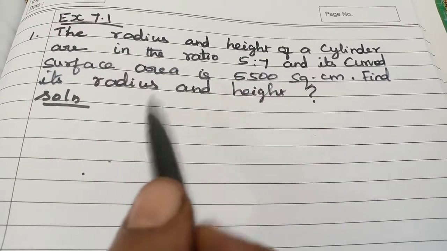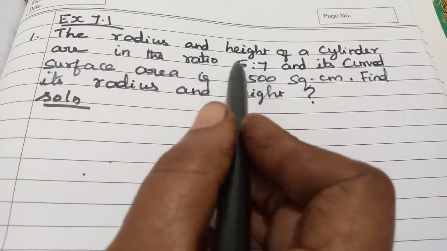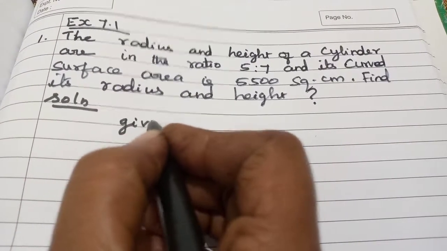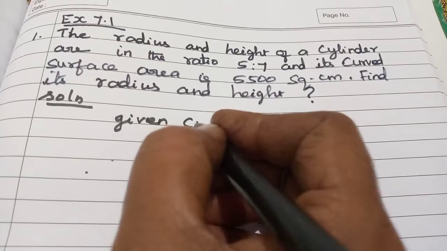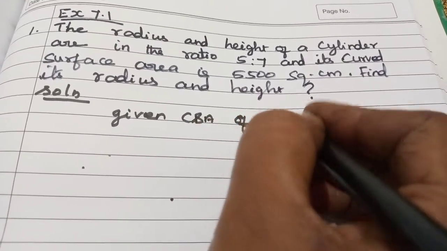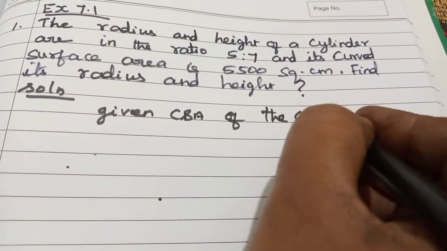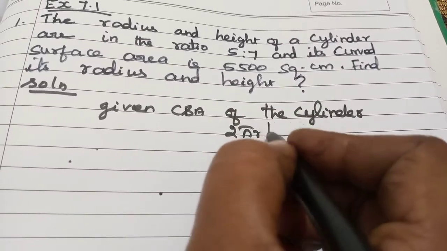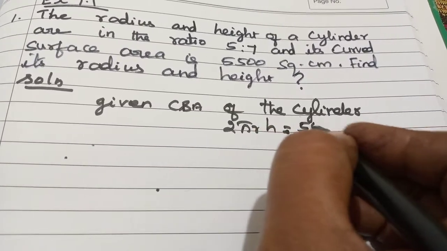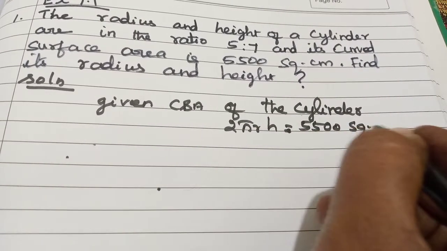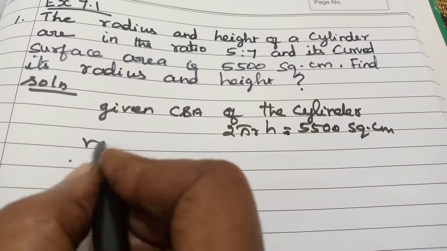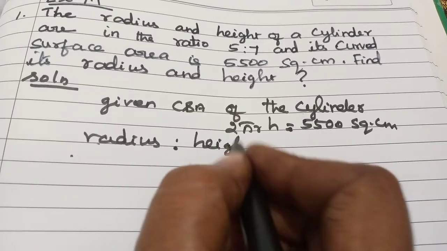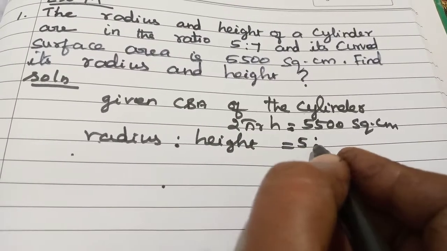What are the values given? Only ratio and curved surface area is given. Given CSA of the cylinder, what is the formula? 2 pi r h equal to 5500 square centimeter, and radius to height is given as 5:7.